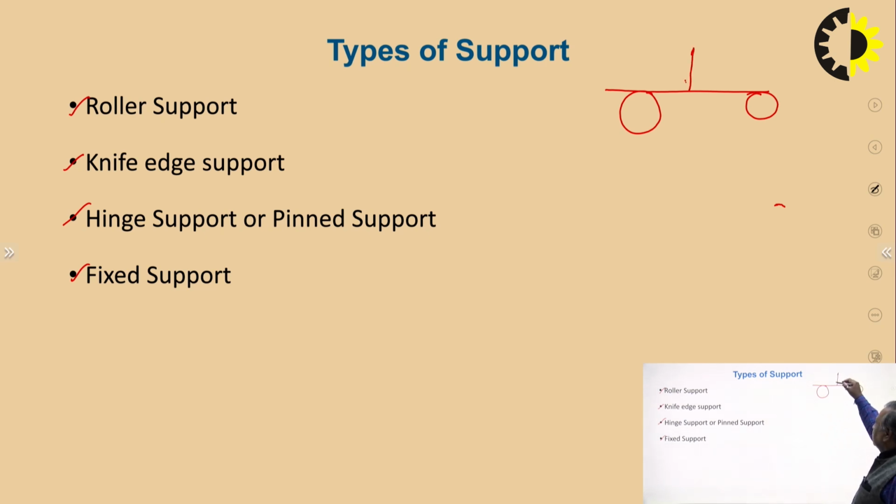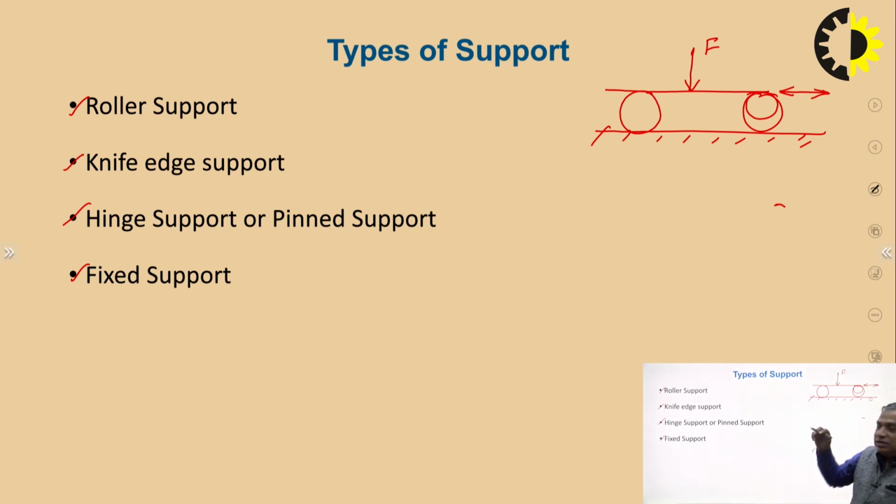It is subjected to transverse force F. Roller support will allow this plank or beam to move in this horizontal direction. But this support will have a certain base. It will prevent downward drop of this plank. It will permit this.